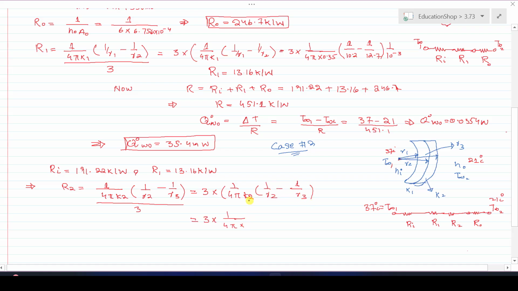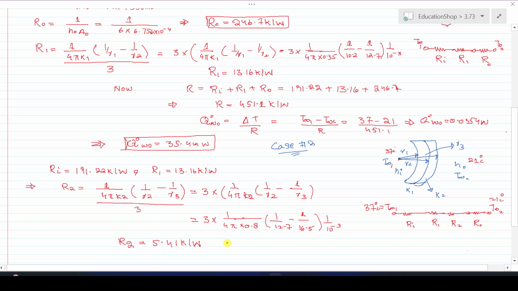The value of K2 is provided, that is 0.8, the R2 value is 12.7, and the R3 value is 16.5 millimeter. Take 10 to the power minus 3 as common. Just solve this on the calculator and you will get the R2 value, that is 5.41 Kelvin per watt.